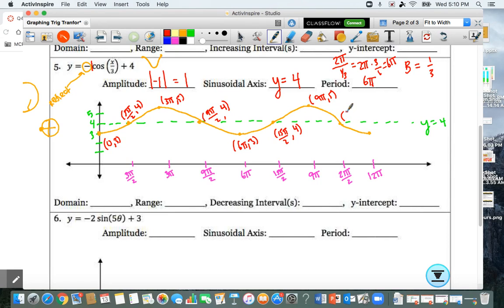Last 2. What does that say? 21 pi over 2, 4. And then 12 pi, 3.